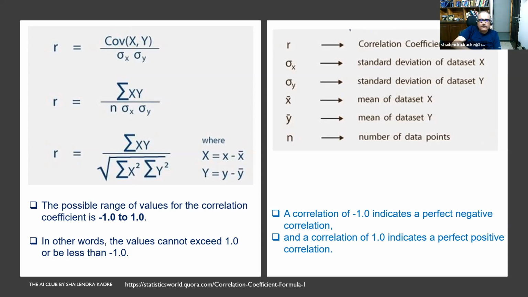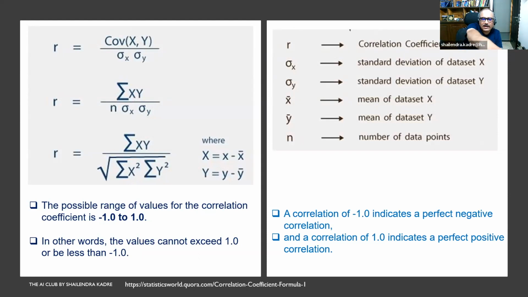Then you calculate sigma x and sigma y. So what are sigma x and sigma y here, guys? Standard deviation. Sigma is always standard deviation. See, it is written here on the right-hand side.